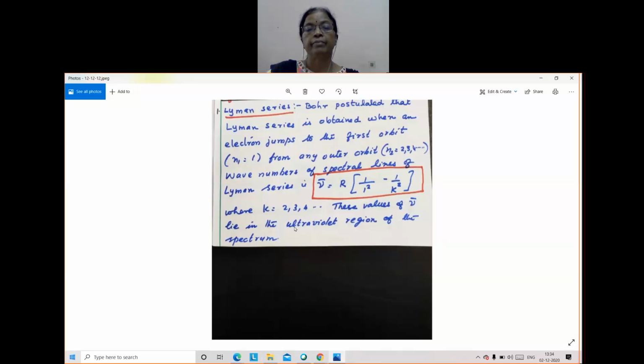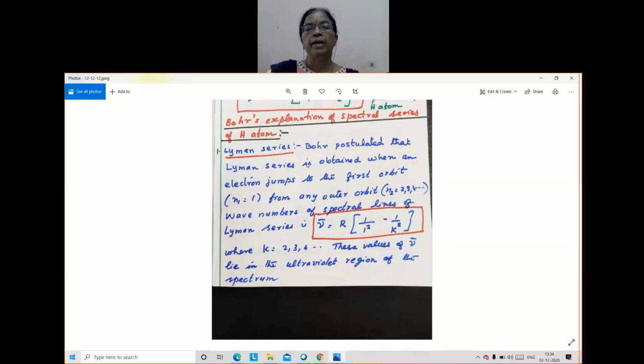We get one spectral line. This is in the ultraviolet region. So what is Lyman series? When electron jumps from higher energy level to ground state, that is n equal to 1, we get a series of spectral lines that is known as Lyman series. It lies in the ultraviolet region. The region also you should remember.